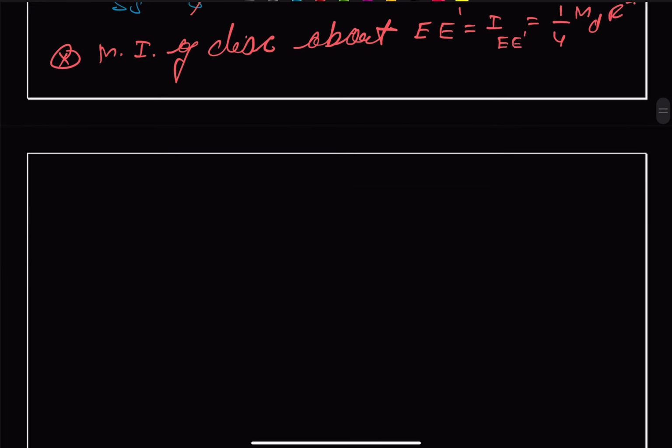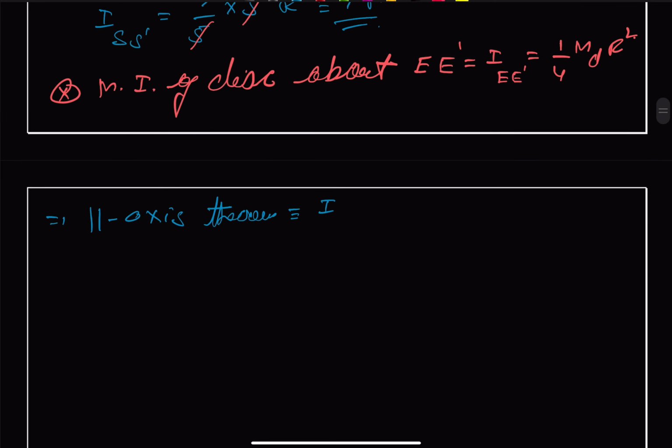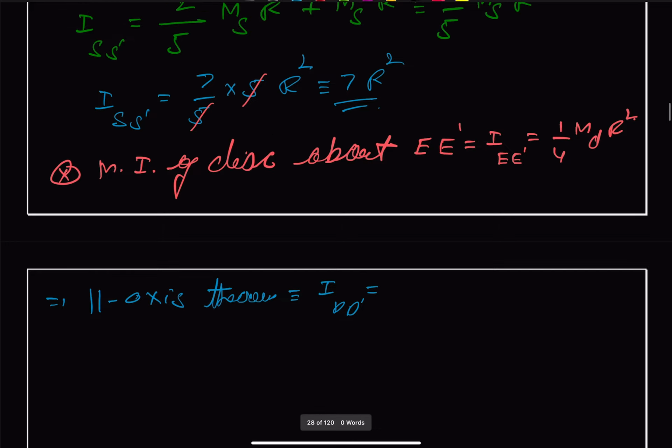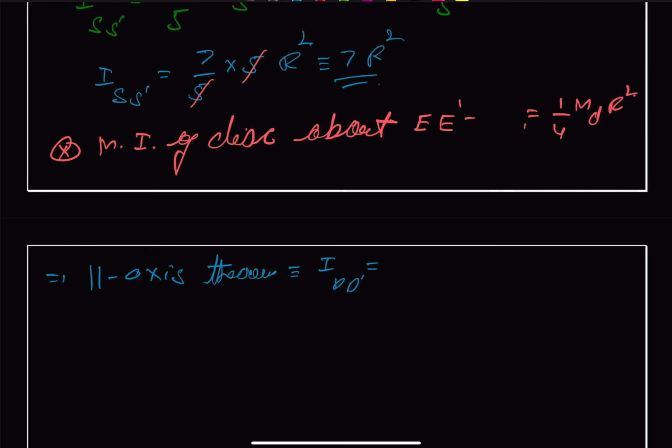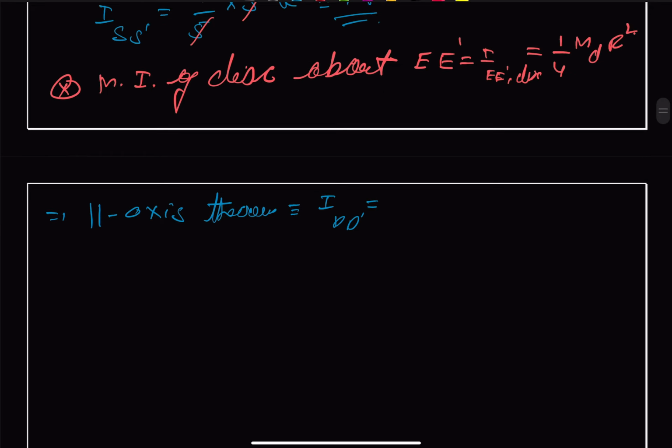And similarly, for our parallel axis theorem, we get the moment of inertia about D prime for the disk as I E prime for the disk plus mass and d square.